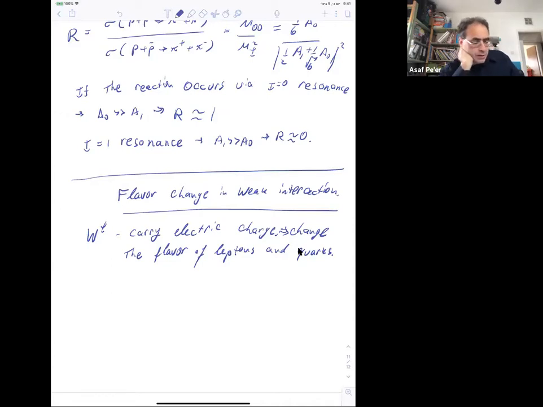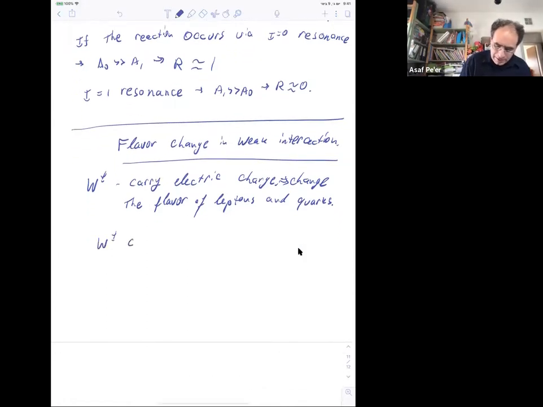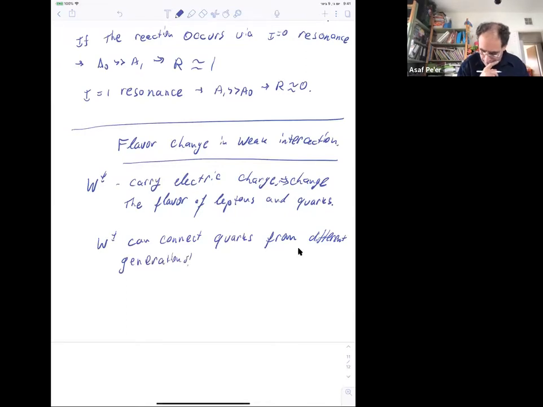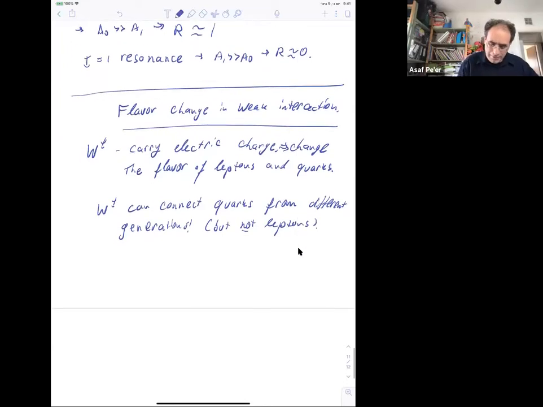So the W plus minus can connect quarks from different generations, but not leptons. So we cannot have a decay like mu minus going into electron plus neutrino. That is not allowed.